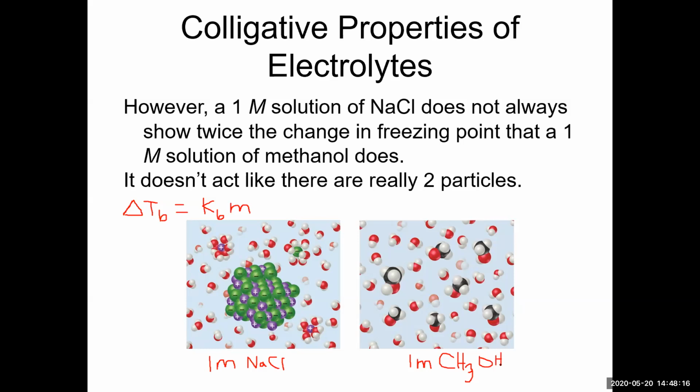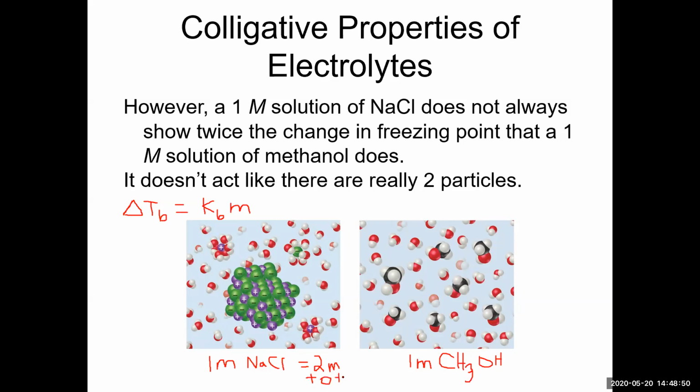Okay, so what are we going to put in here for m? Well, you say, well, 1, because you got 1 molal. Well, for this one, you would put 2. So for sodium chloride, this is equal to 2 molal of particles. And that's what matters here in the equation, how many particles. So 2 molal total.